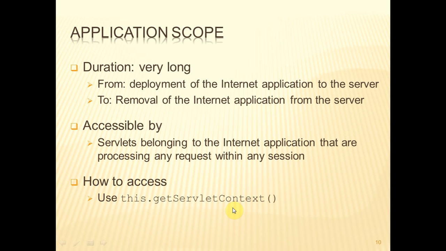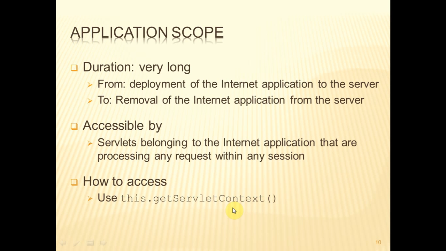The application scope is very long. It could be weeks and weeks and weeks in duration, because when the internet application is deployed to the server, then the application scope begins. And if the application remains active on the server for weeks and weeks and weeks, then so does the application scope.